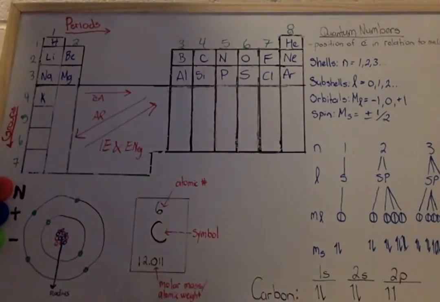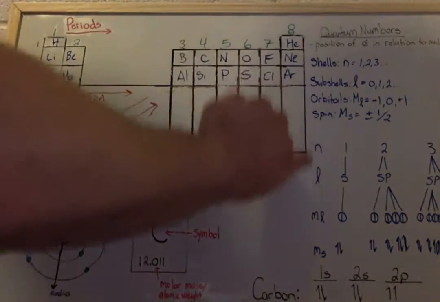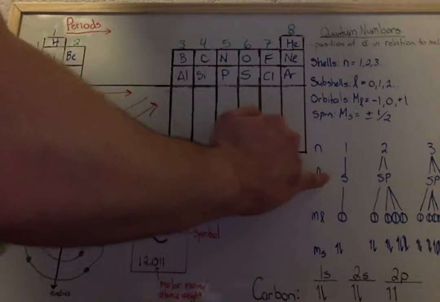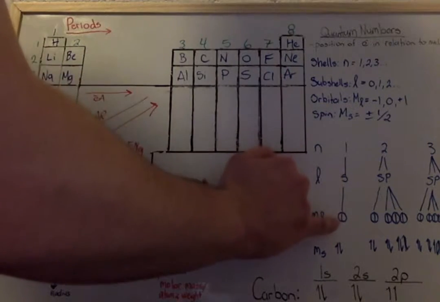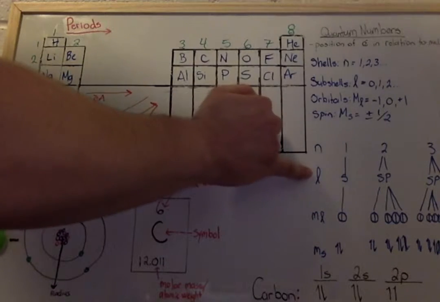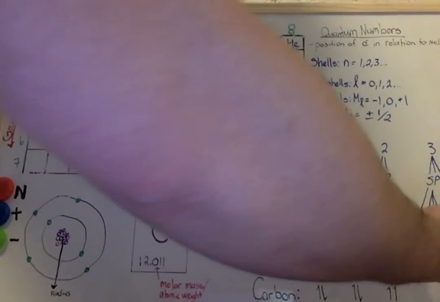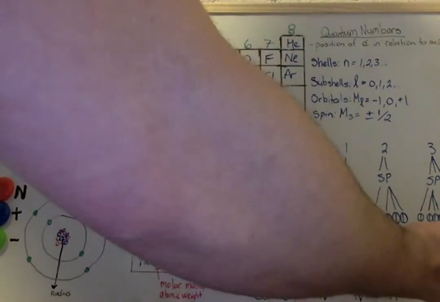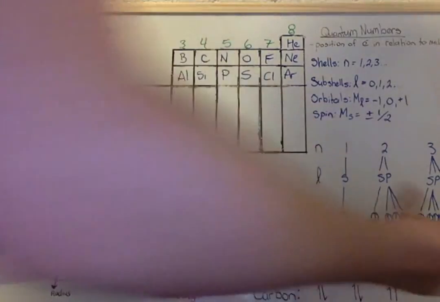So, to describe this, the S subshell, which equals L0, has one orbital, which we also give a 0. However, the L subshell P has 3 orbitals, which we give -1, 0, +1.